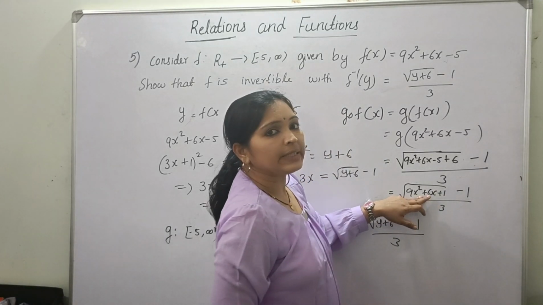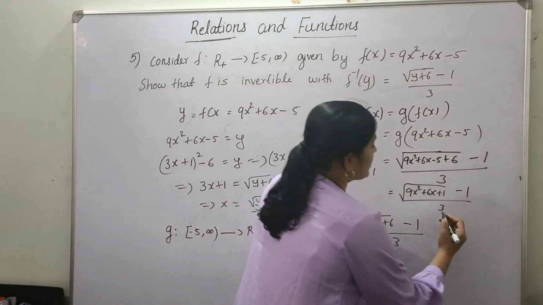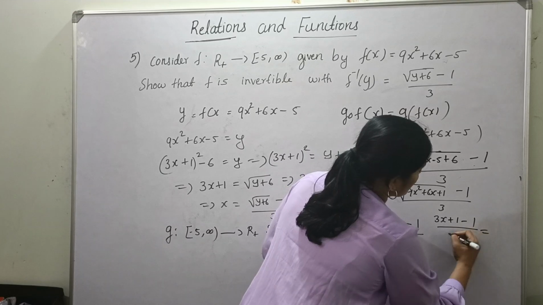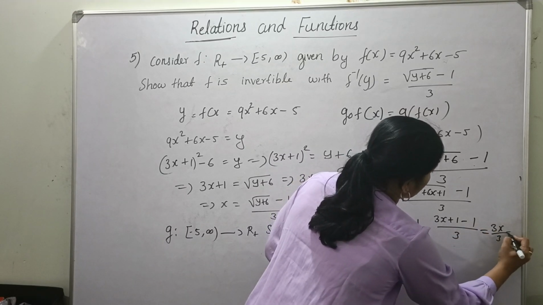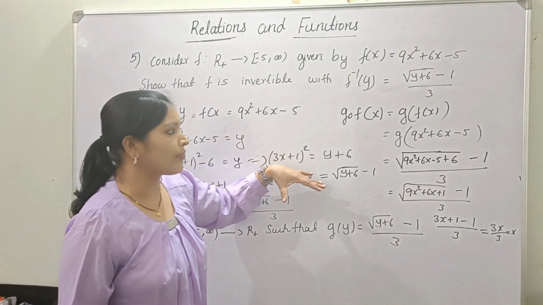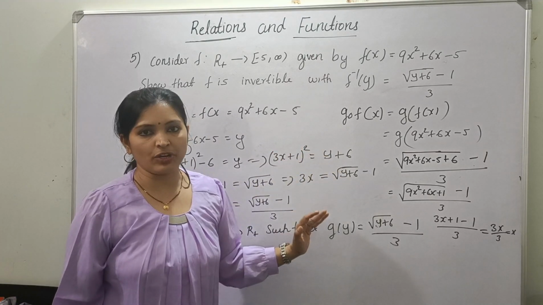See, here it is nothing but (3x plus 1) whole square, right? So its square root will be 3x plus 1 itself. So 3x divided by 3 is equal to x. Now here we have got g composite f of x is x itself. So g composite f is an identity function.